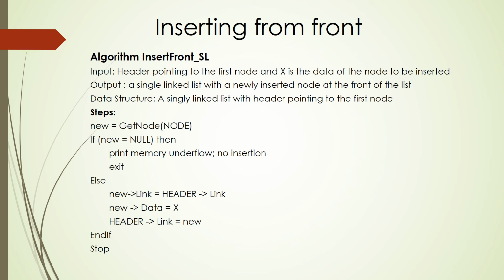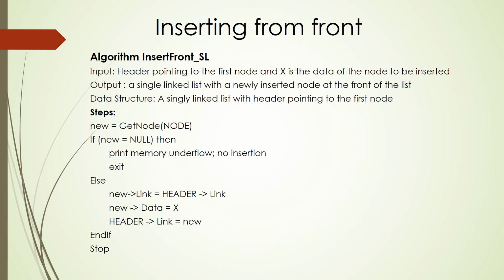And where you can find the address 1500, you know what is header. The link field of header will be having the value which is corresponding to 1500. So the first step is that you have to copy the content of the link value of header to your newly created node, which means the link field of new will now be having the value 1500.